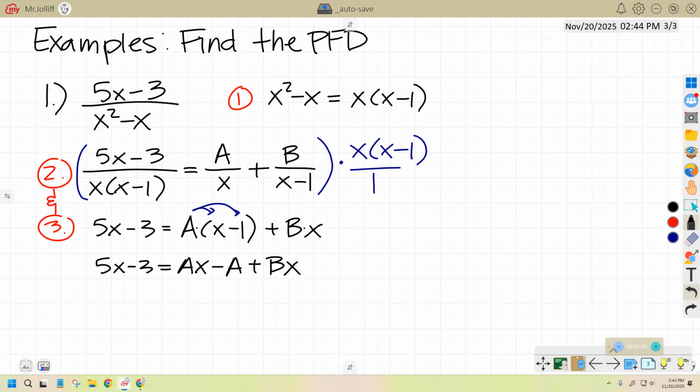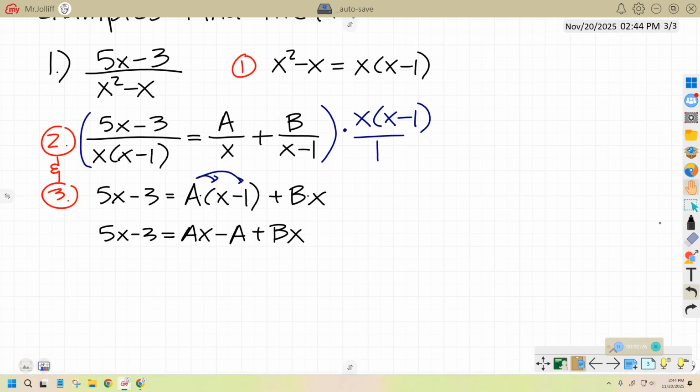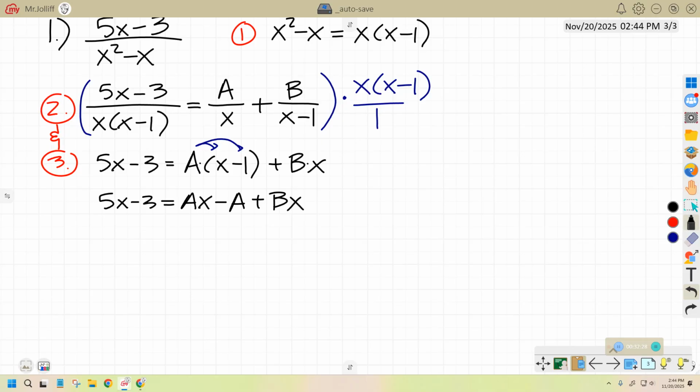And then I am going to group the like terms together. All of the x's together, all of the constants together. I'm organizing the right side of that equation, because right now it's a hot mess. You will notice I have not touched the left, just the right. I see 2 terms that have x's in them.